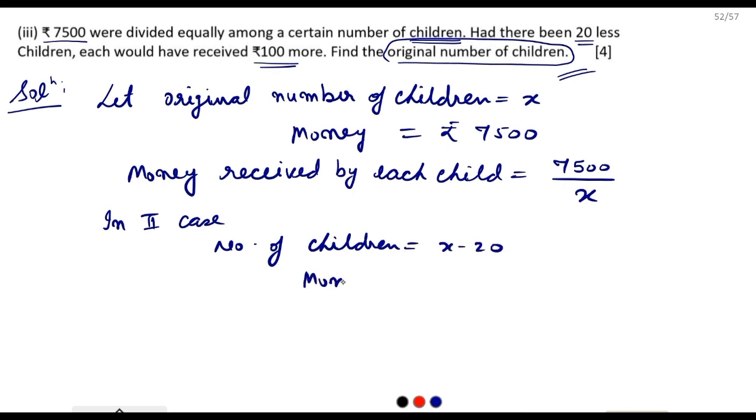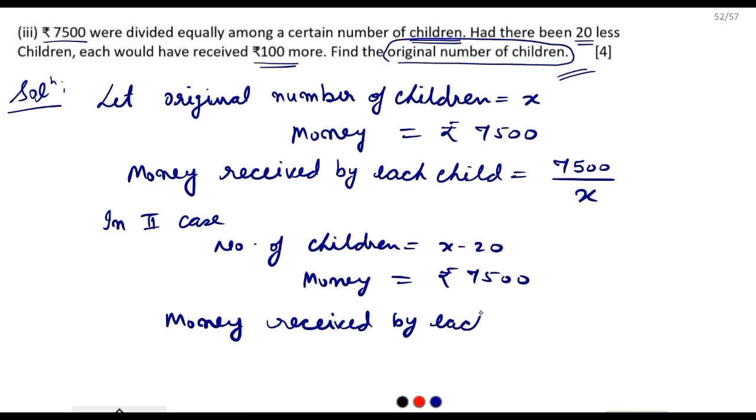Money is the same, rupees 7,500. In this case, money received by each child is equal to 7,500 divided by x minus 20.